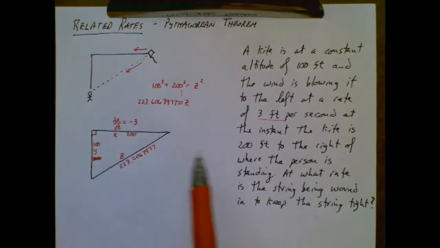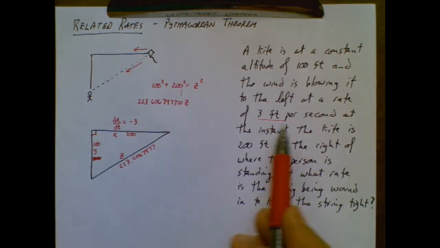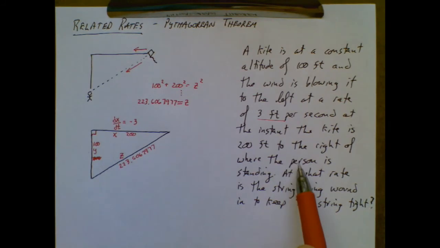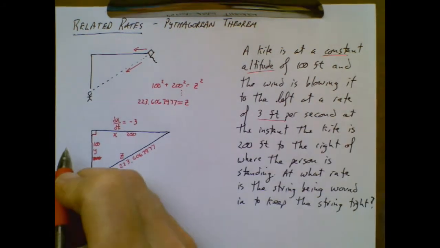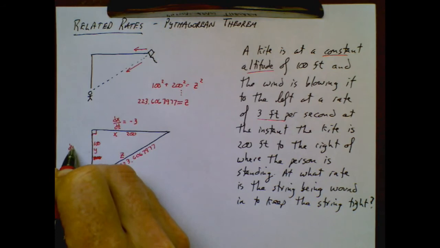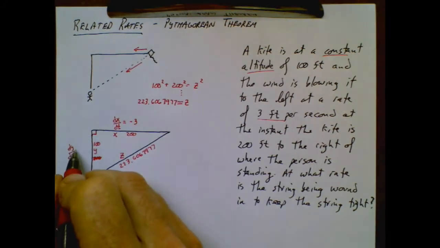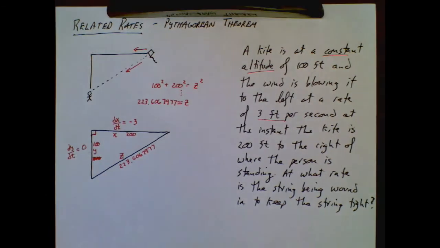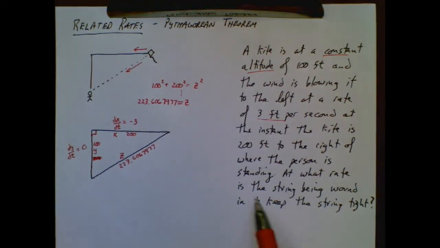Let's move on to the y. y is representing the altitude of this kite, and it says that the altitude is constant. It's at a constant altitude of 100 feet. So what I will do is I will say dy/dt, the change in the y value over time, equals 0. And finally, we look at this side, and we want to know at what rate is the string being wound in.